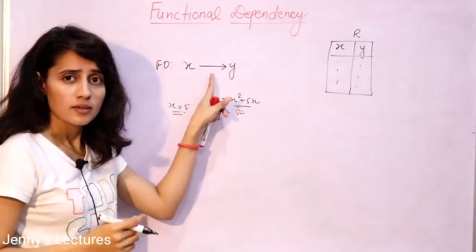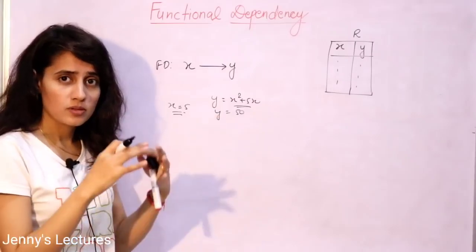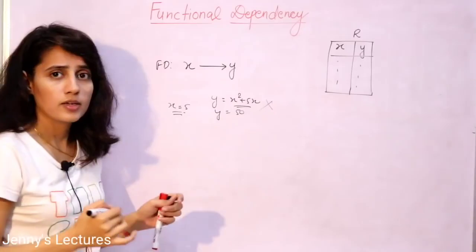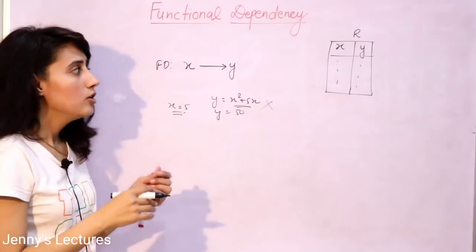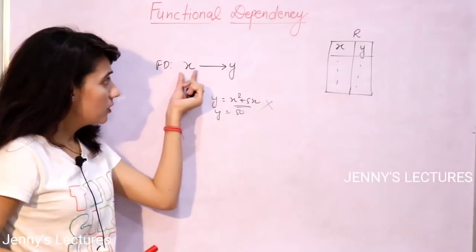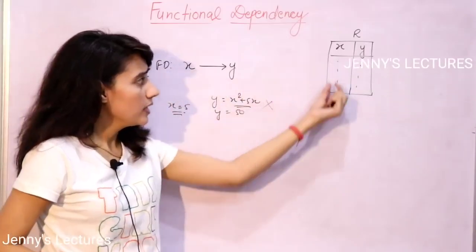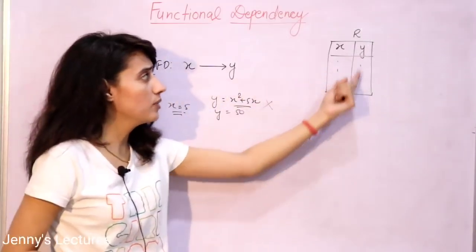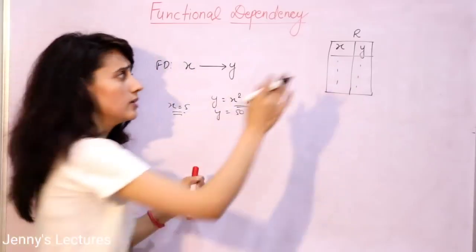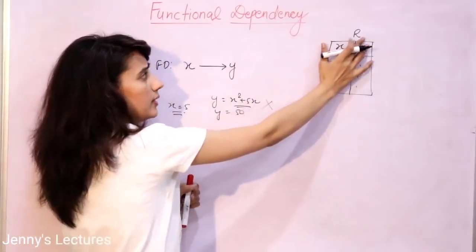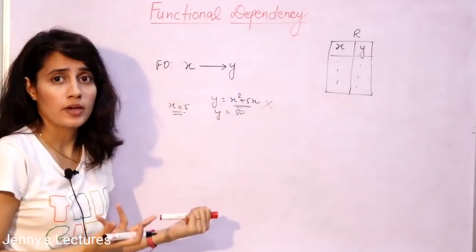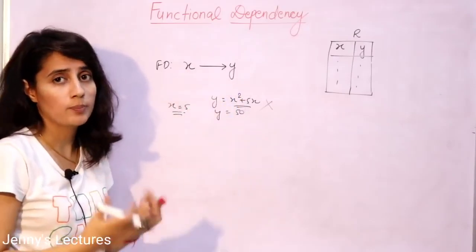But in the case of DBMS, where I am discussing functional dependency, this is not the case. Here I just give you the value of x, and you can search the value of y from the table. It's not like you don't have any table and I tell you the value of x and you tell me the value of y by calculating or computing something.